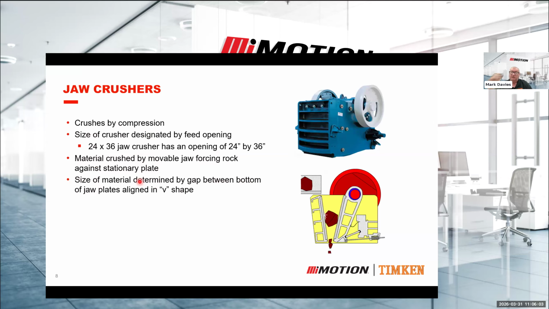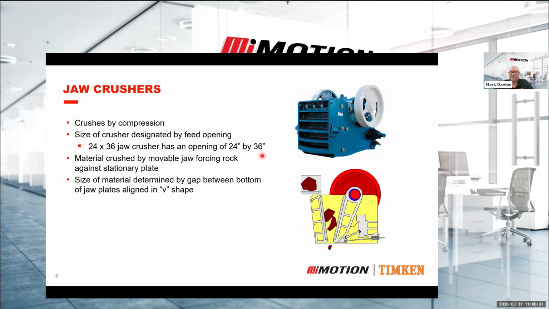So this is a jaw crusher, with a little animation on the side there. Basically, it shows that you get different size rocks that come off the feeder, which is a vibratory feeder, which we're going to cover a little bit later. As it goes past the fixed jaw on one side and then the rotary jaw, or the pitman, it starts to crush down. The physical size of the throat of the crusher is what sets the jaw crusher size, and this is a 24 by 36.